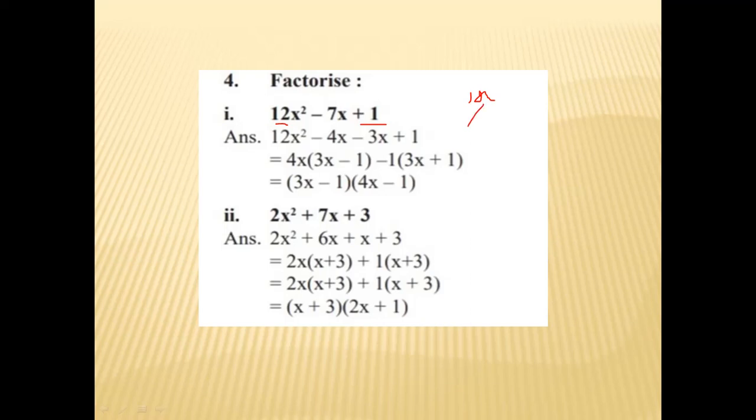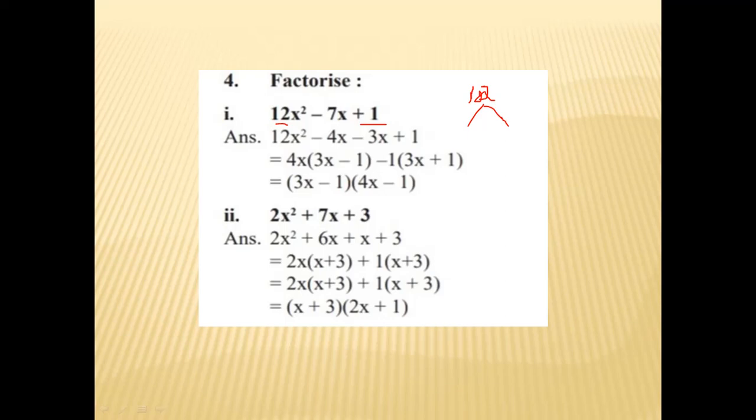Therefore, we take the factors of 12. The factors of 12 are 3 4s are 12, 4 3s are 12, 12 1s are 12, 6 2s are 12, 2 6s are 12 and 1 12s are 12.